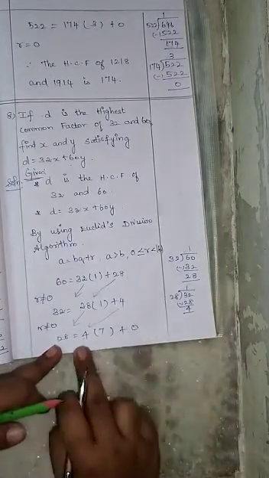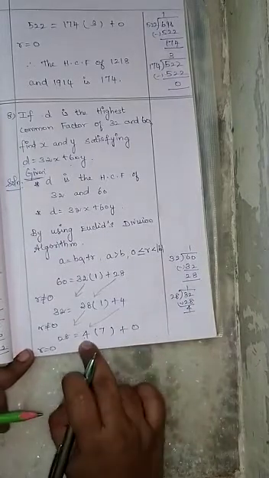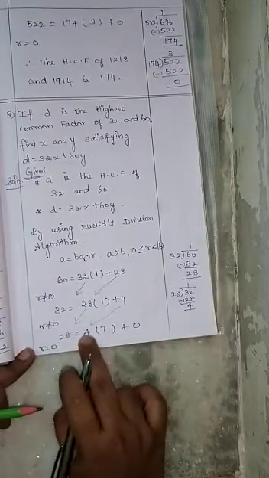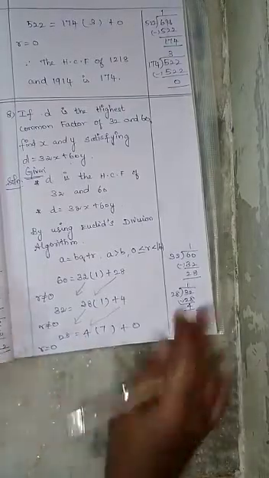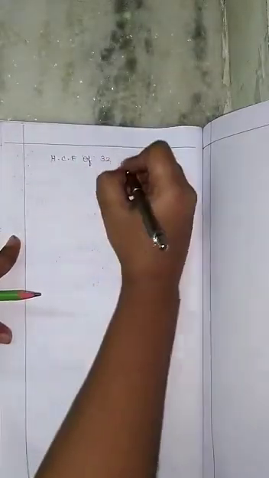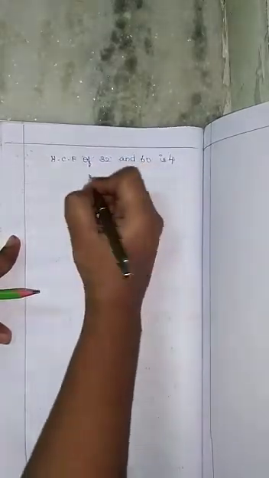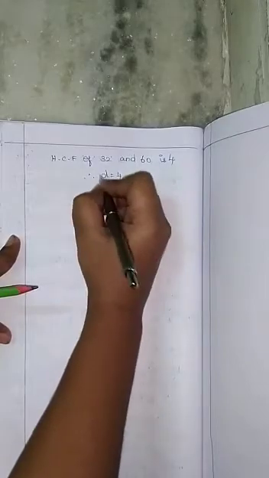The remainder is 0, that means R is equal to 0, so what is the HCF value here? The B value we should consider as the HCF. So D equal to 4. Here you should write HCF of 32 and 60 is 4. That means the D value is 4.